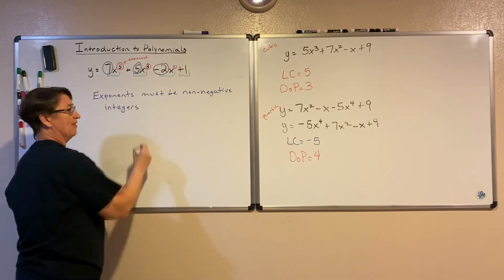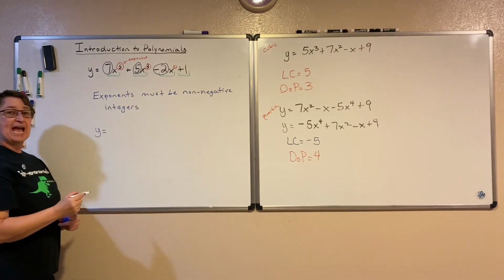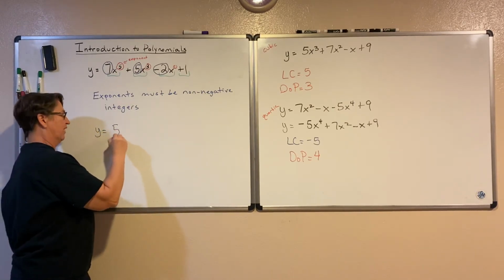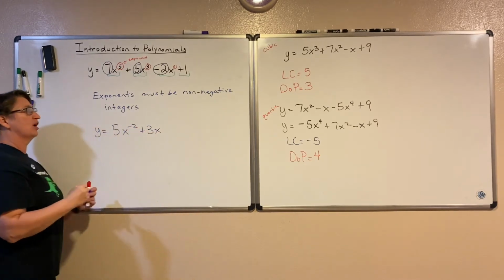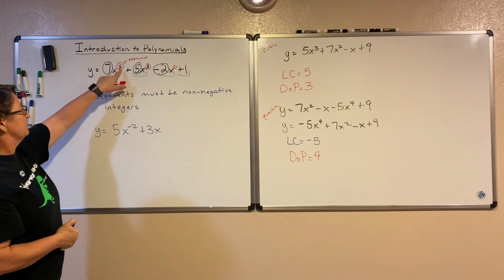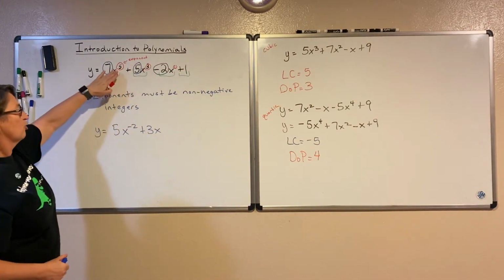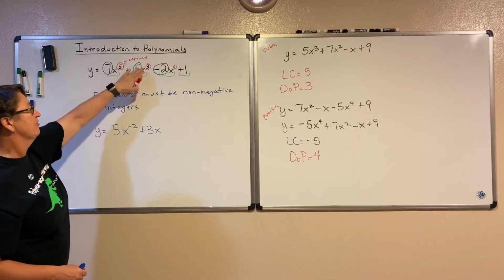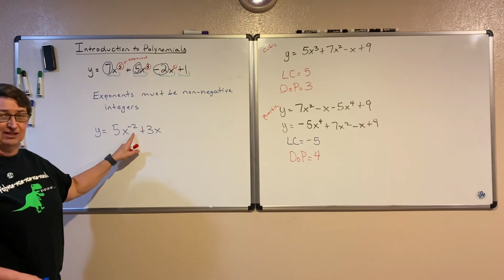So what do I mean by that? Well, here's an example of one that has a negative integer. So 5x to the negative 2 plus 3x. So I'm talking about the exponents here, this 5, 3, 1, and the 0 out there. Notice that those are all not negative. They're all positive. Whereas in this case, it has a negative exponent.